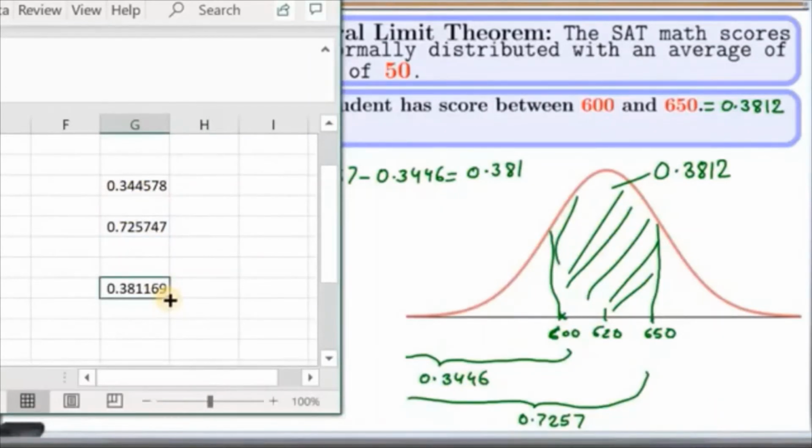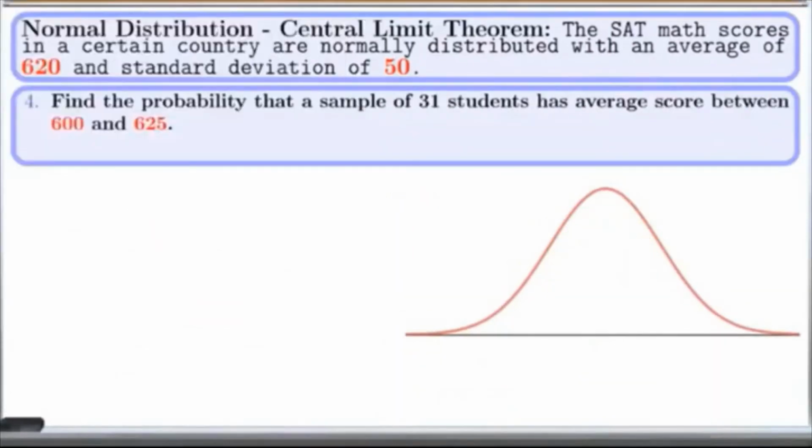Now let's work on the very last problem. In this problem, we are talking about the average of samples. In such a case, we need to first find the standard deviation for the sampling mean using the formula given by the Central Limit Theorem. That is population standard deviation over square root of sample size.